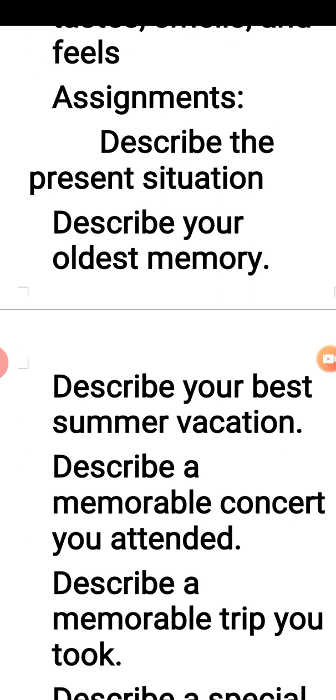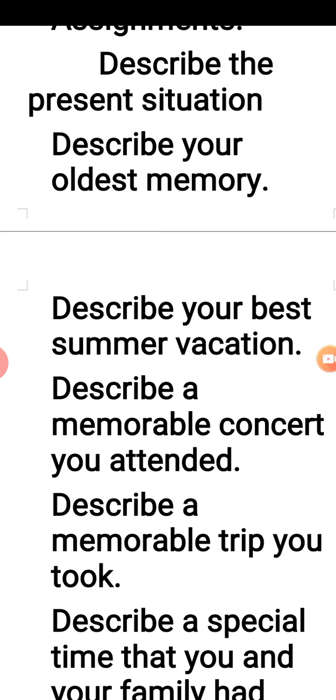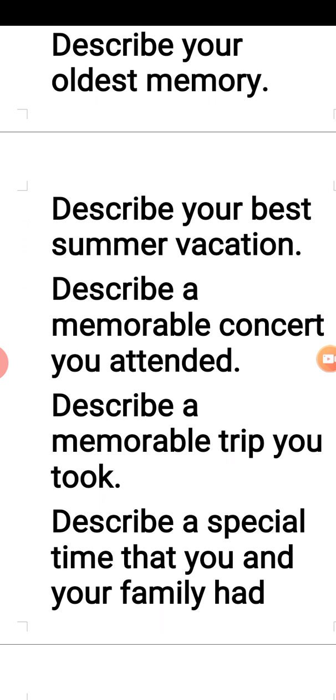Now your assignments are: describe the present situation in your country, like what's happening today with the national lockdown and the coronavirus affecting lives of people. Describe that. Or you can describe your oldest memory, like memory which you've cherished, you have liked, and you do not want to forget.